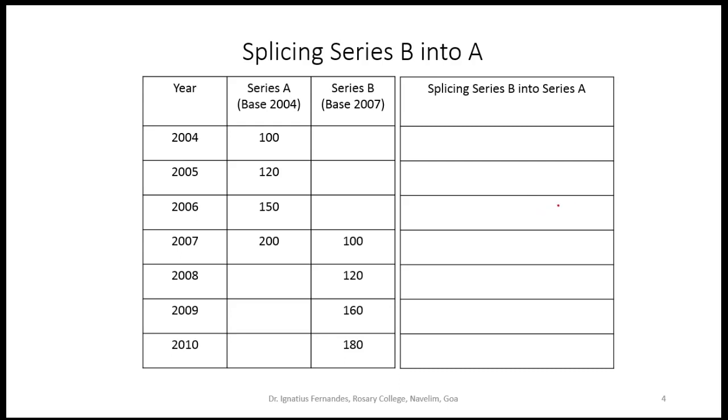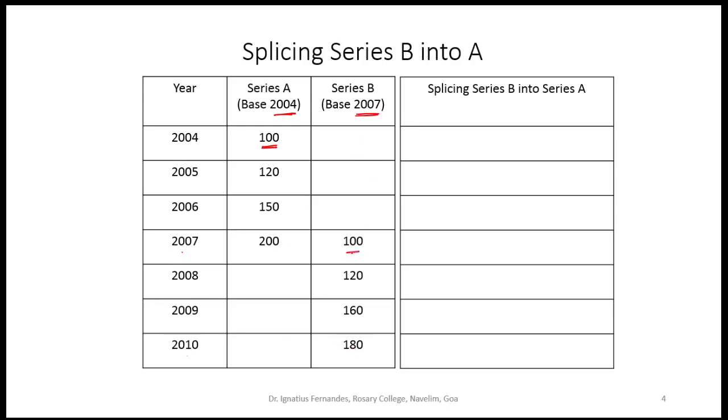So these were the two series of index numbers that we had, series A and series B. Series A was a set of index numbers from 2004 to 2007 with 2004 as the base. Accordingly for 2004 it is 100 here. And series B is a set of index numbers from 2007 to 2010 with base 2007.